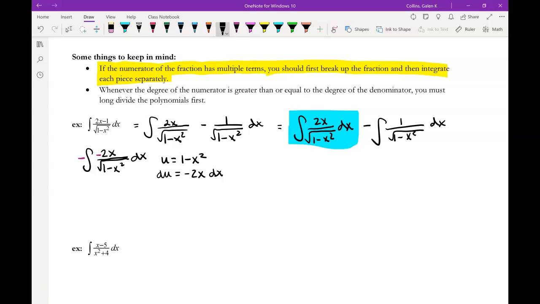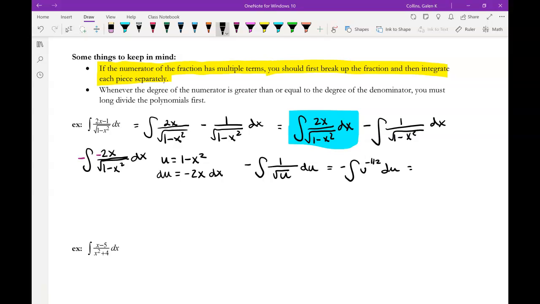Now if I rewrite this, I've got a negative times the negative 2x in the numerator, which is going to get absorbed in the du, and then I would have the square root of u in my denominator. That's most helpful to write as u to the negative 1/2 power du.